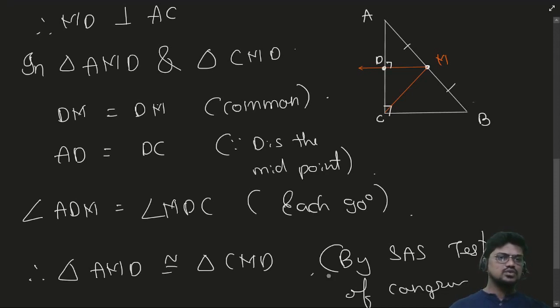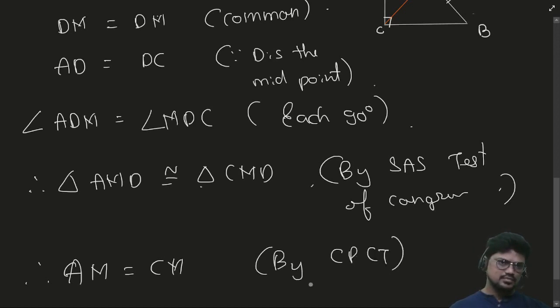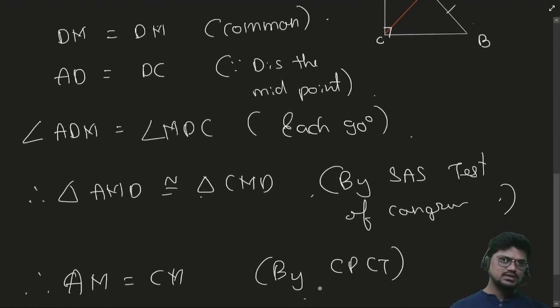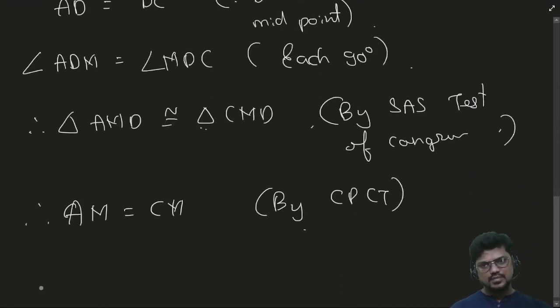So if the two triangles are congruent, can I say AM is equal to CM? By CPCT. Yeah, AM is equal to CM, I can say by CPCT. And if AM is equal to CM, we already know that AM is equal to BM. This was given.